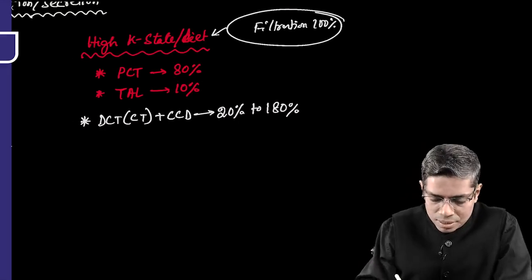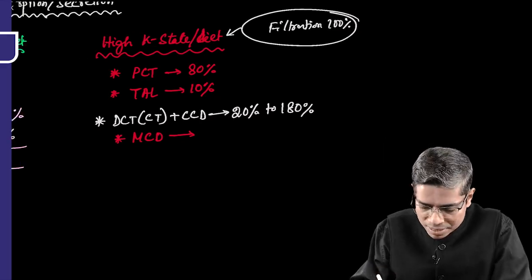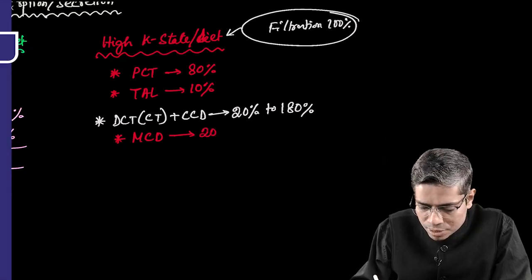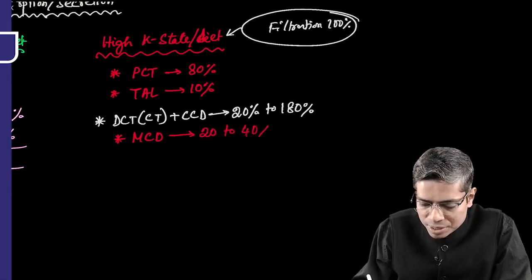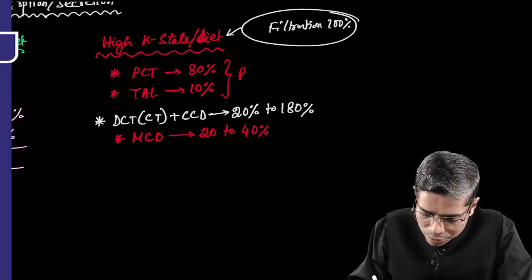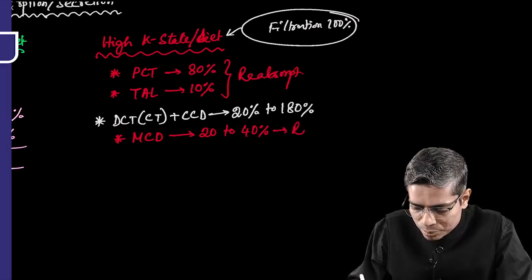After this secretion, the medullary collecting duct can again reabsorb a little bit of potassium in these cases, and that is 20 to 40% potassium that can be reabsorbed at the level of the medullary collecting duct. So this is reabsorption also, and this is also reabsorption.